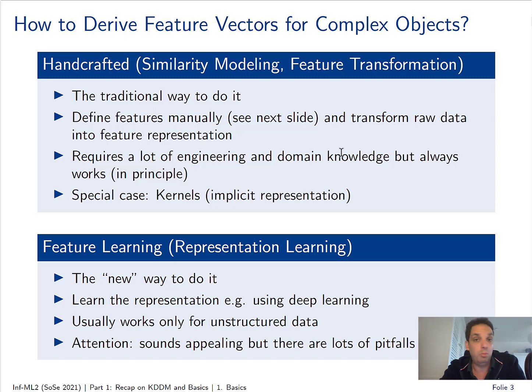In the computer vision domain, for example, for images, you can have 20,000 different feature transformations. So the whole computer vision community was in the past 30 years more or less about how to derive different feature representations for different applications.